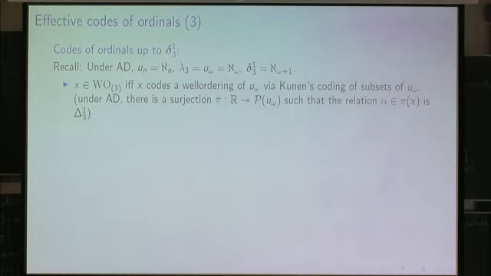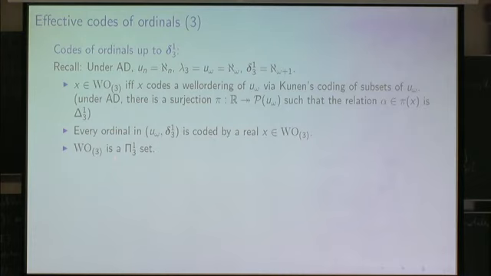This is because delta 1-3 is the successor of u omega, and there is a surjection from the reals onto the power set of u omega, assuming AD, and this surjection is effectively delta 1-3. So there is a canonical coding of ordinals in delta 1-3 by this generalized set, the generalization of WO, and this set is pi 1-3.